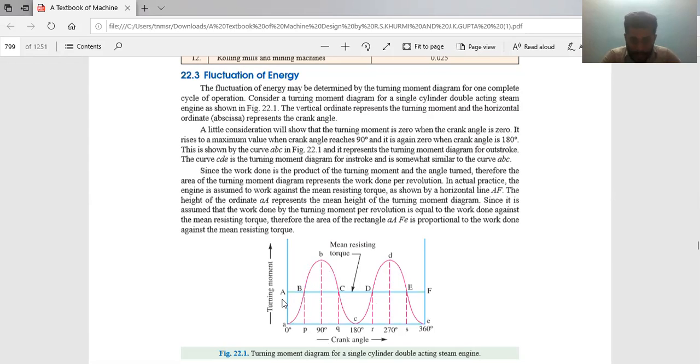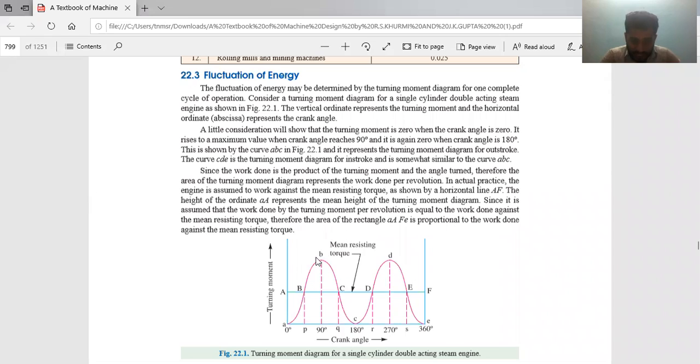Now, if you see above and below the mean torque line, this diagram is varying, yes or no? Yes, sir. Fine. So that means this T versus theta diagram is fluctuating above and below the mean torque line.